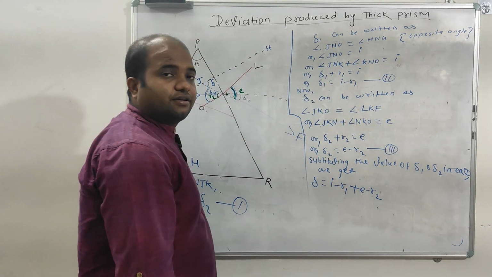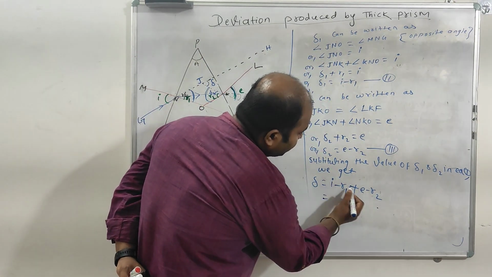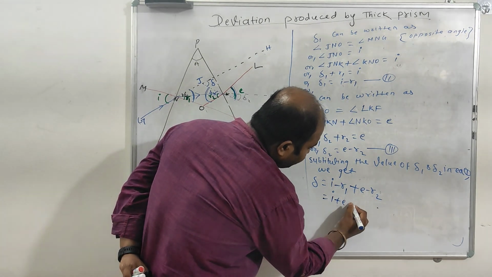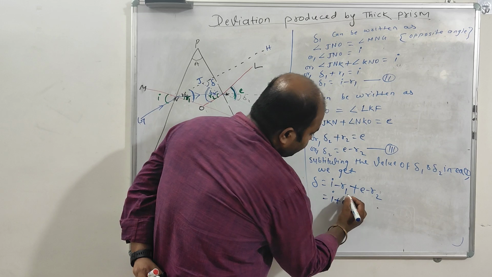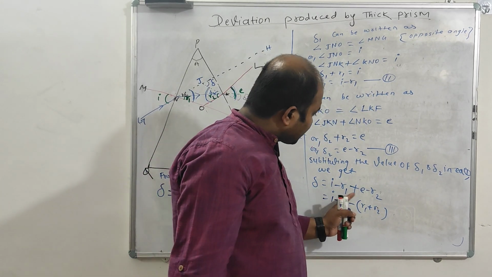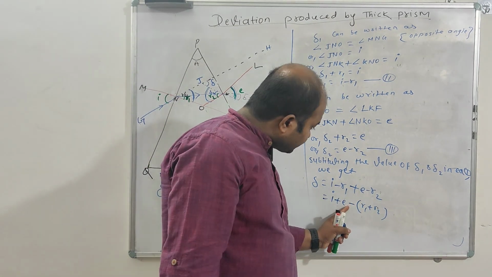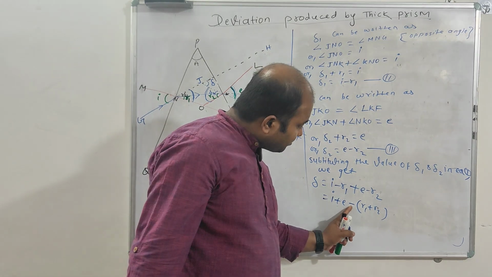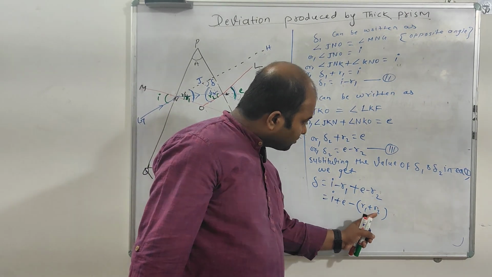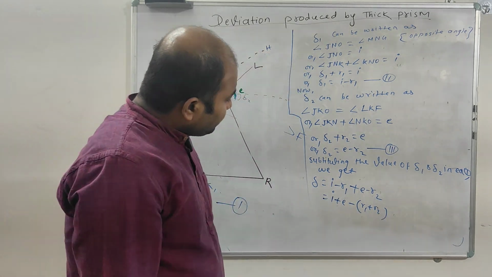Keeping in one side, I plus E minus R1 plus R2. Taking minus as common, we get I plus E minus (R1 plus R2).